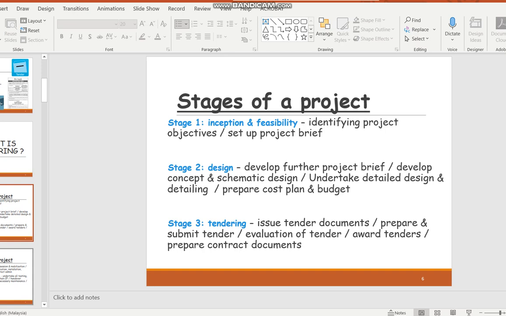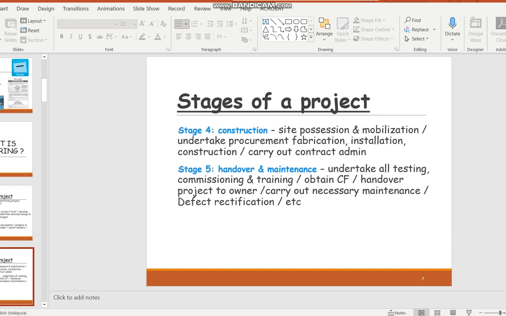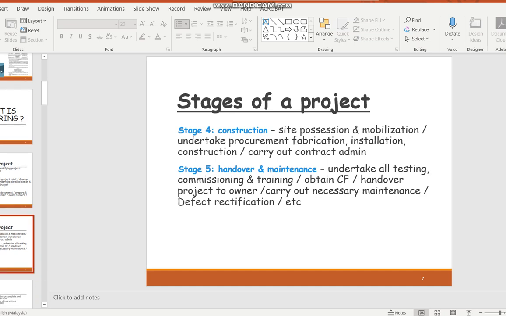So this is pinpointing exactly where tendering is in the picture of the whole life cycle of any project or production of any products, which basically is the delivery of the product or the project, or the facilities.